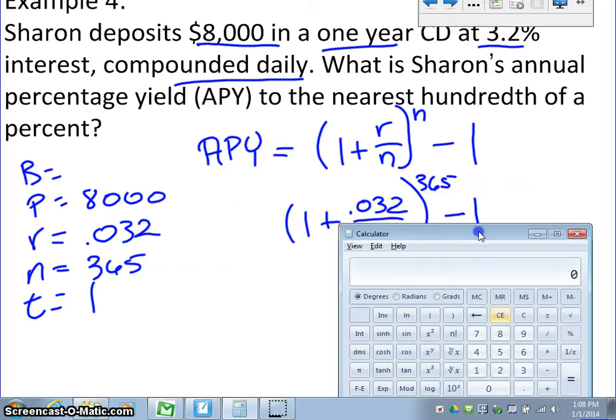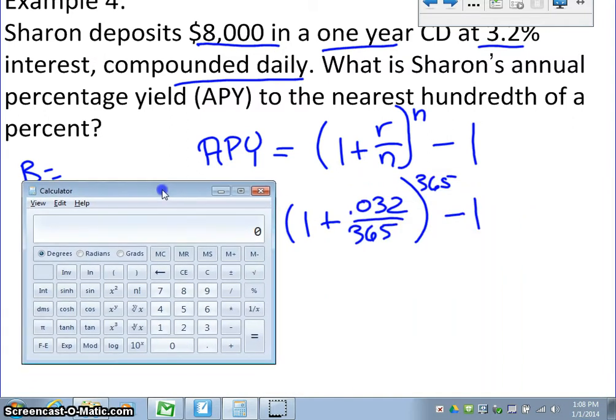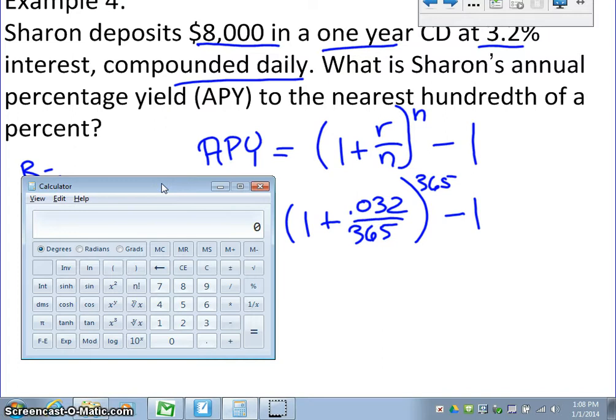So we'll clear out the last value. And let me kind of move this over here so that we can see it while we're working it. So we've got 0.032 divided by 365. Let's clear that out. 365 plus 1 gives us that value to the 365th power, and then minus 1.